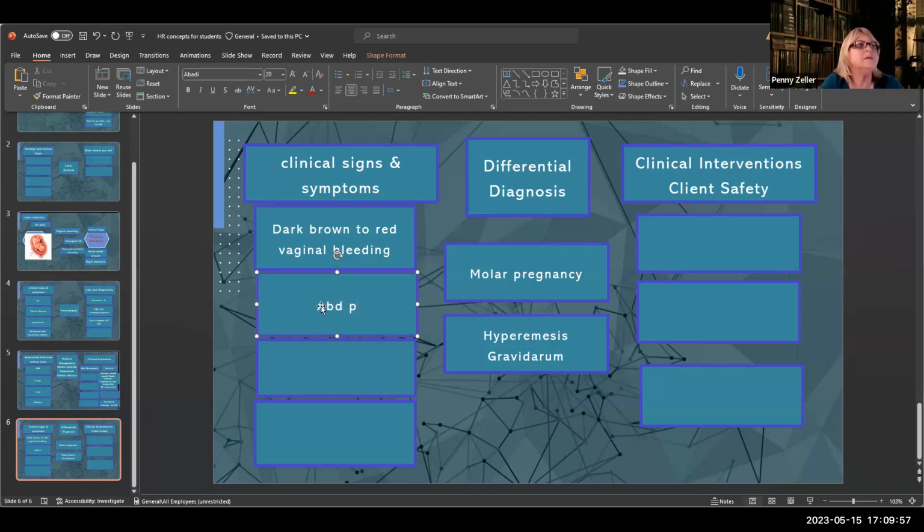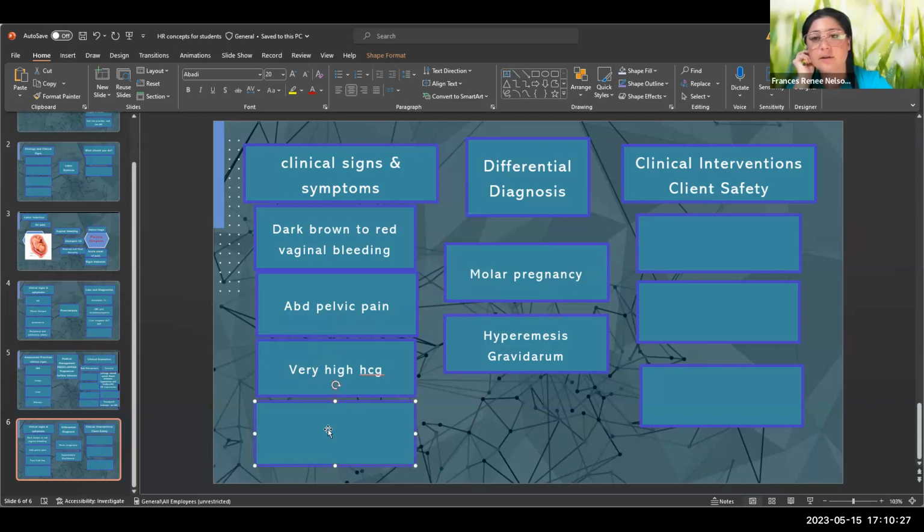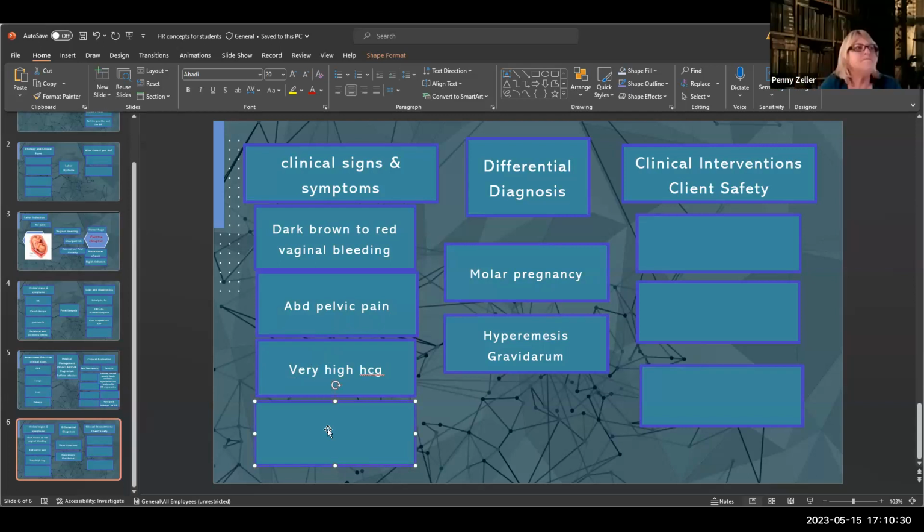Abdominal, pelvic pain. Very high HCG levels because of the excess trophoblastic cells. Okay, very high HCG levels. And then fast heart rate or high blood pressure? No, I don't think so. That wouldn't be something, but the nausea and vomiting.